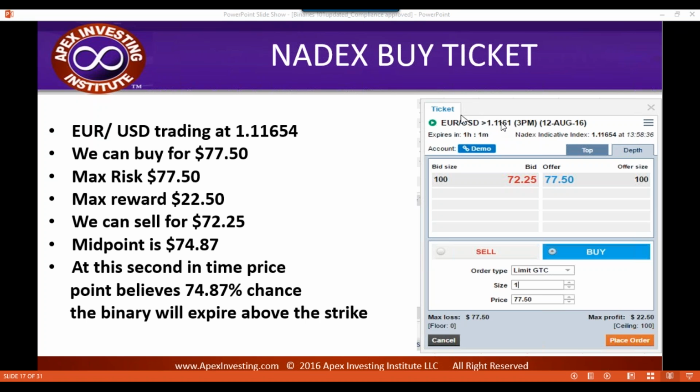That was not a profitable trade. What if I sold this contract? I'm saying the statement is false. I sold the contract and it expires at 1.11610, exactly at the strike on a sell. Is it profitable or not profitable?